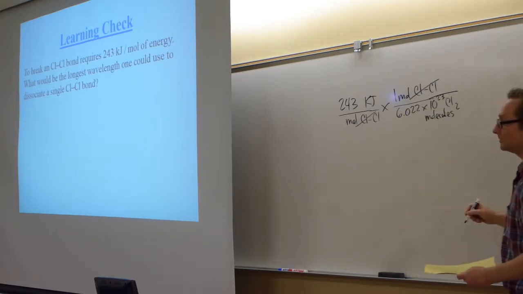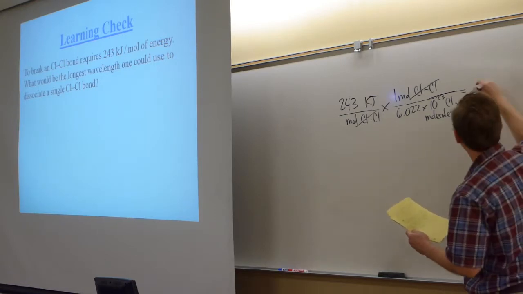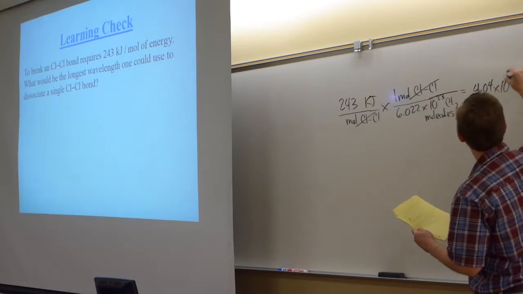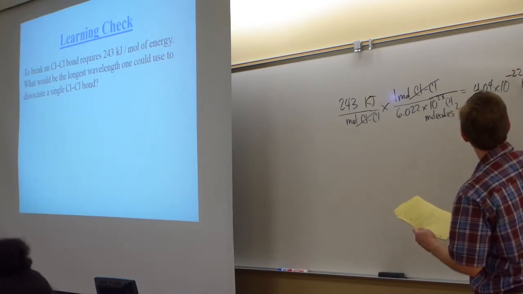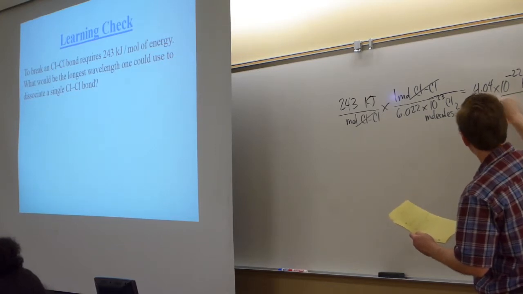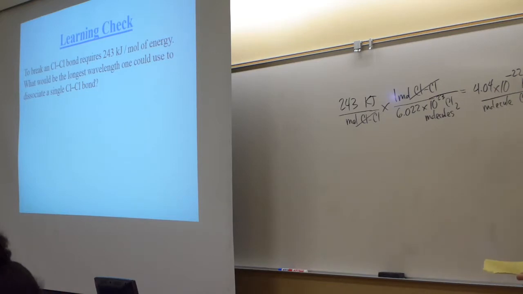So many molecules per mole. And so that would give me 4.04 times 10 to the minus 22 kilojoules per molecule of Cl2.